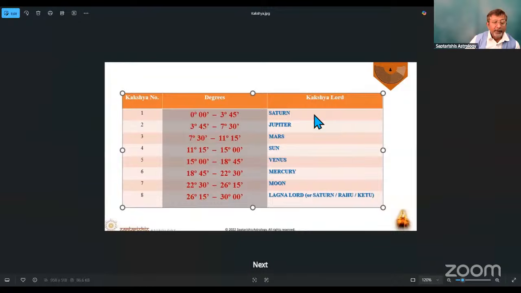Next compartment will be 7.3 to 11.15, which will be Thursday minus 2 days, Tuesday. 11.15 to 15 would be Sunday: Tuesday minus 2 days, Monday, Sunday. Done.